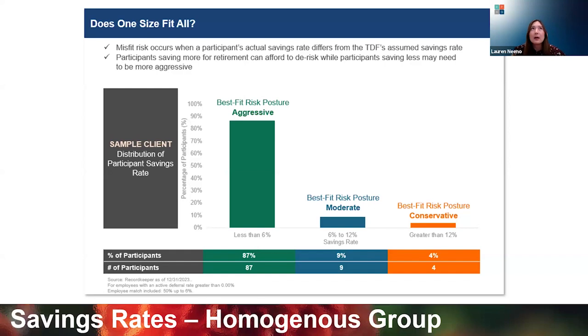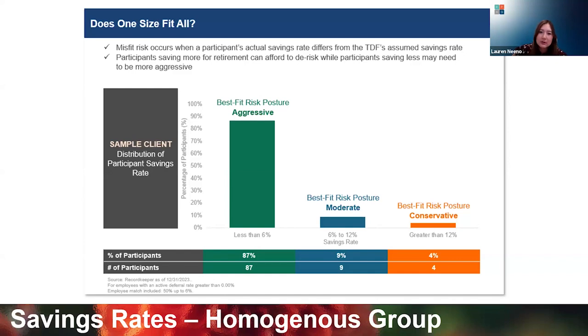In all, this slide is really a more objective way to decide whether custom options such as multiple risk-based glide paths should be considered. On the previous slide, where the group's savings rates were more diverse, it may be worthwhile to have a custom multi-risk target date fund implemented.